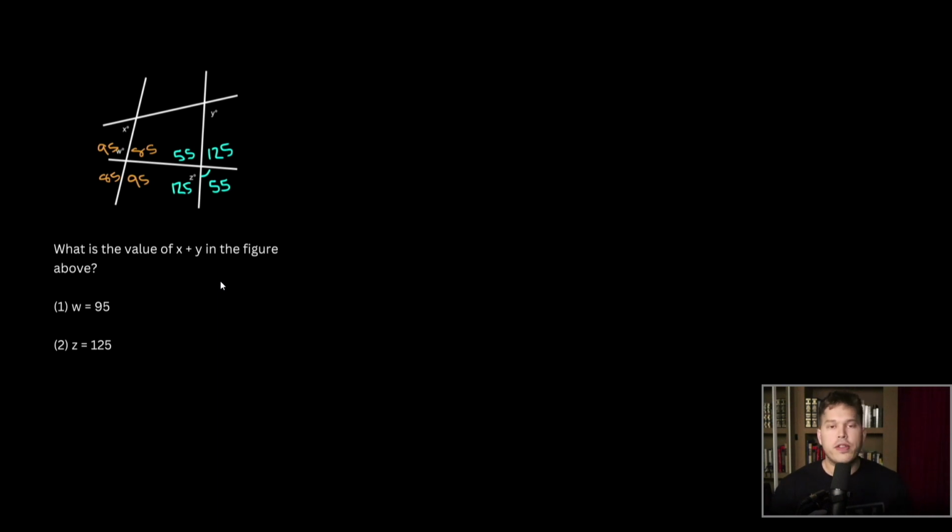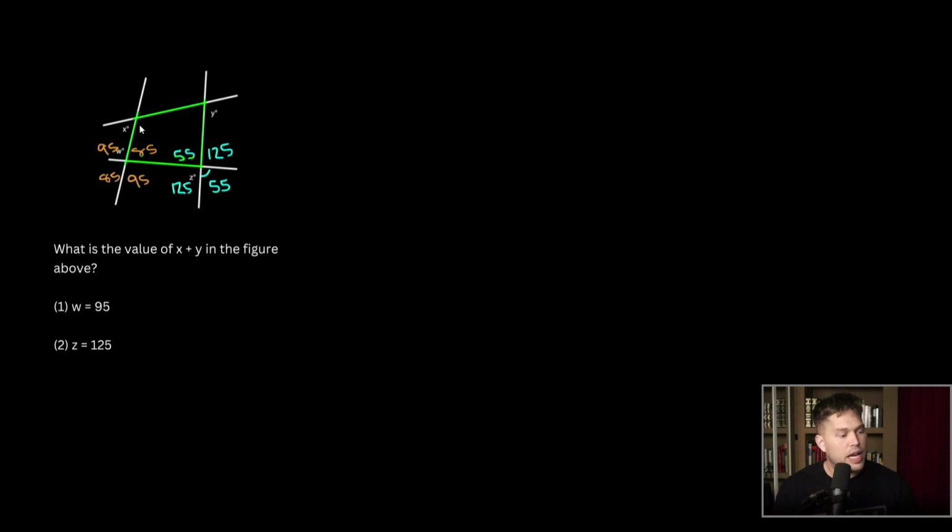Now, let's put the 2 statements together. Do I have enough information to determine what x plus y is whenever I put both statements together? Well, this is the information I have. Is there anything else I could figure out? Well, this middle shape enclosed is, of course, a quadrilateral. And we know that quadrilaterals have an interior angle measure of 360 degrees.